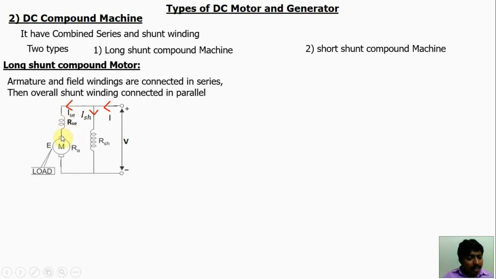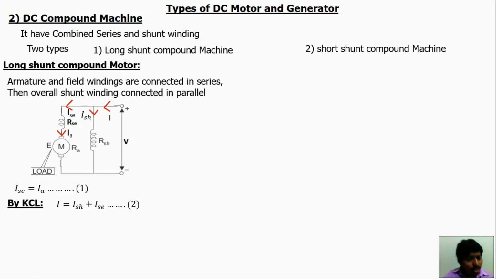We may write this current is IA. From this diagram, we can say that armature current IA is equal to series field winding current ISC. Both are in series, so IA equals ISC. Apply Kirchhoff's current law. Here incoming current is I, outgoing currents are ISH and ISC. So I is equal to ISH plus ISC.